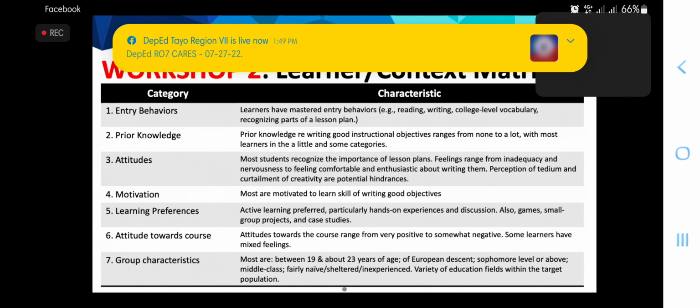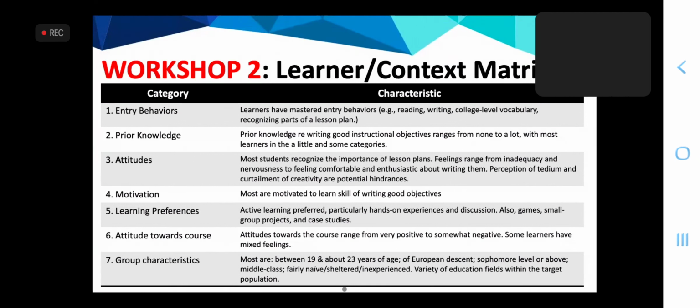Okay, I think the 10 minutes has elapsed. Okay, now we need to identify what should be our IM strategies to address these characteristics.